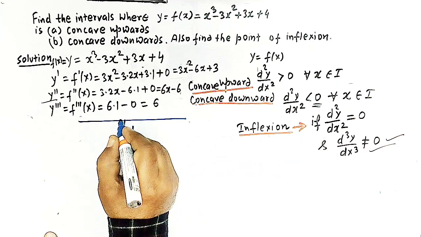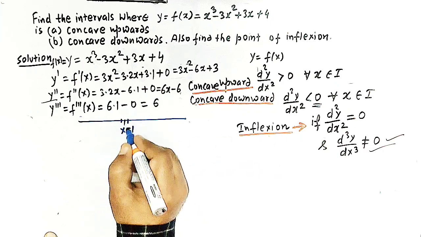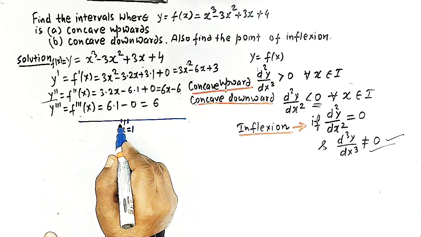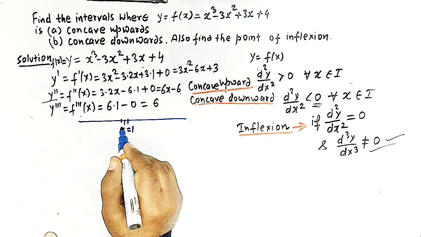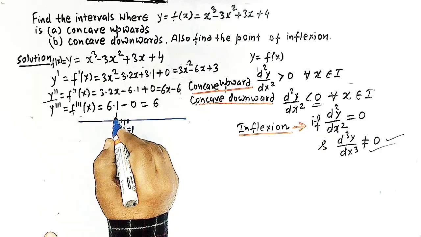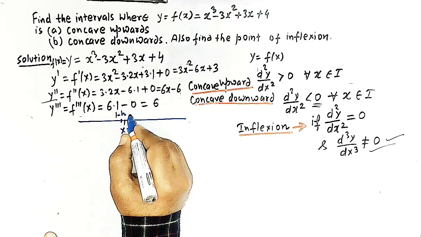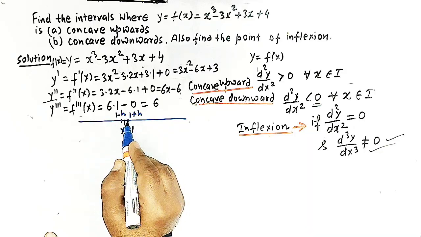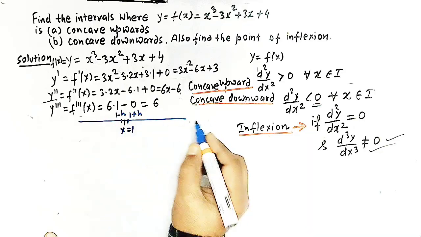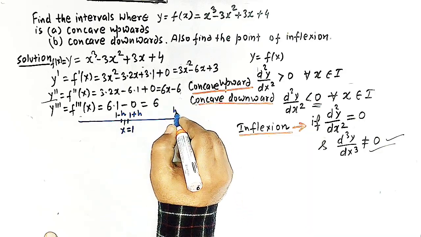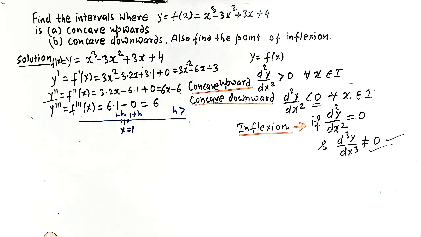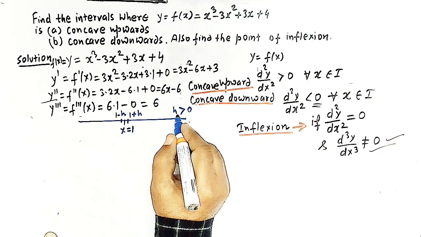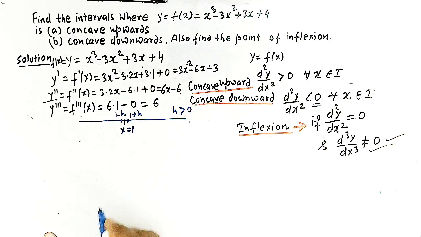We'll take 2 points in the neighborhood of x is equal to 1, one towards the left and one towards the right. Here we have 1 minus h and here we have 1 plus h, where h is infinitesimally small and a positive quantity, that is greater than 0, right?